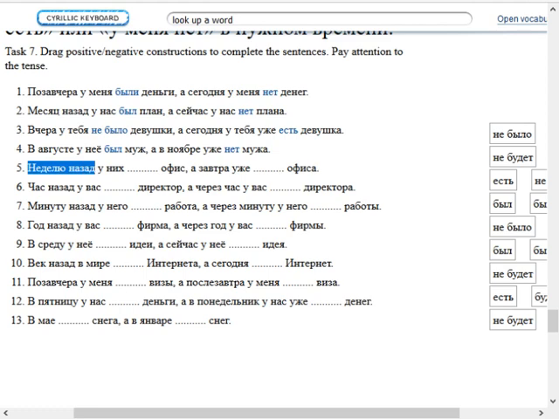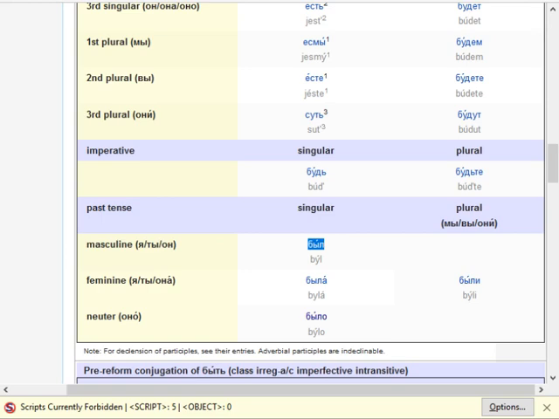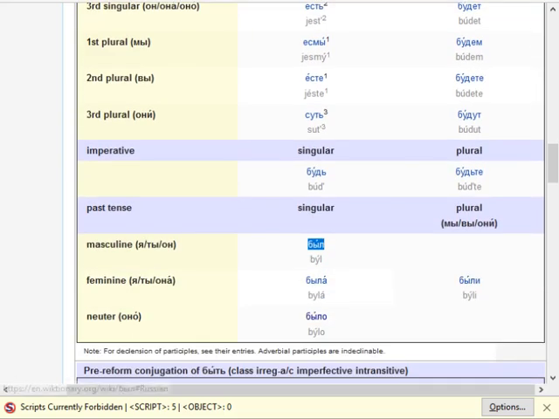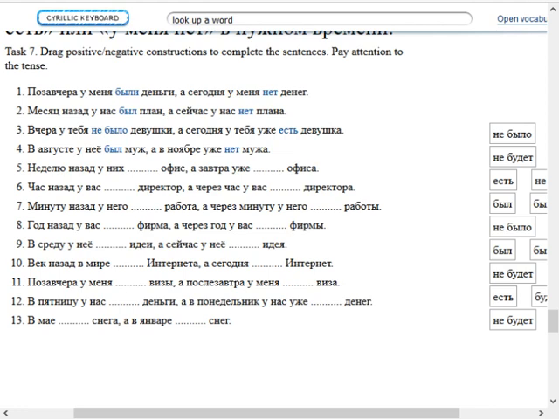Неделю назад у них, so a week ago we had an office. Office is masculine, I believe, so past tense is once again был. Был офис.